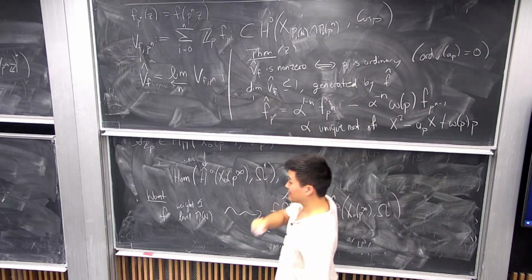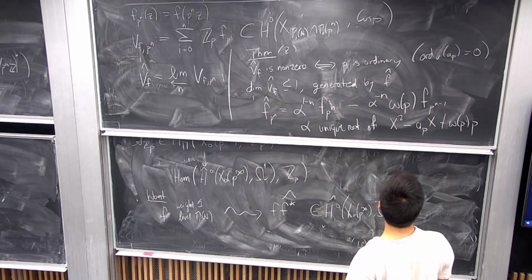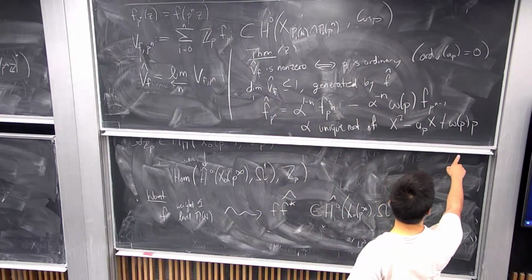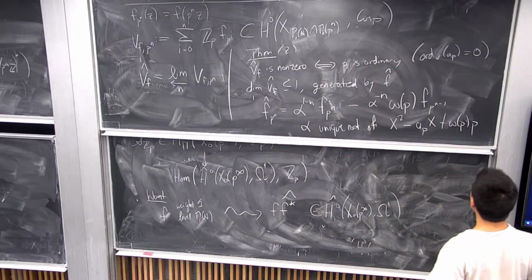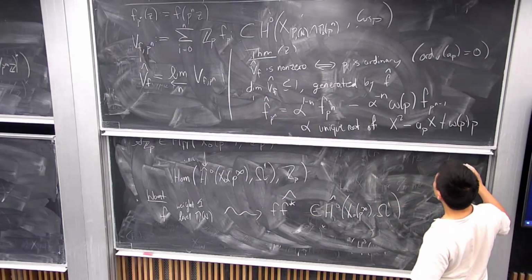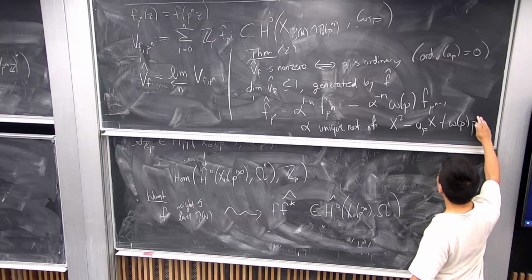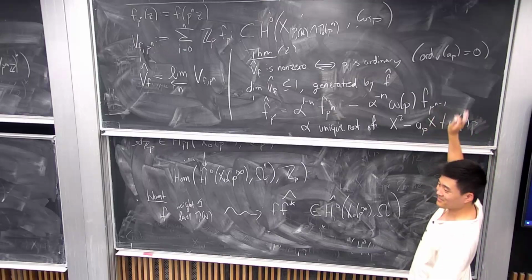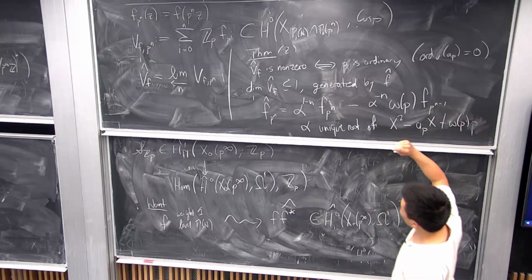And why does the constant term of the Hecke polynomial have P in it? Your F is weight 1, not F times F of P. Okay, maybe we'll talk about it later.